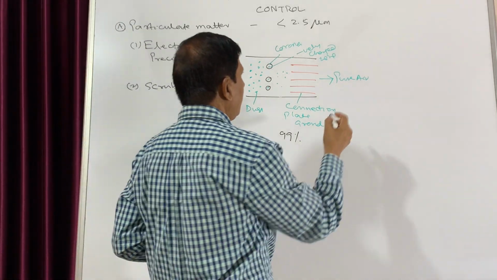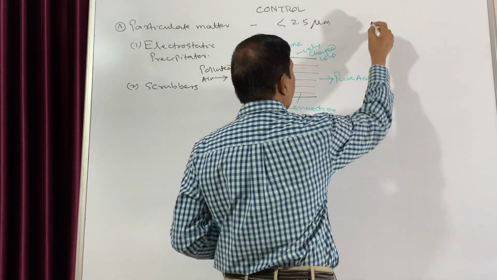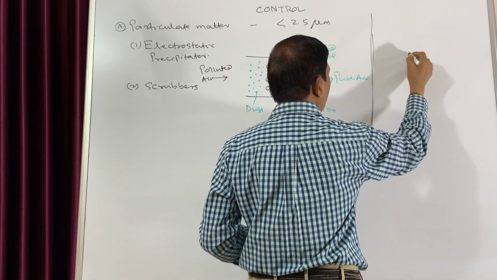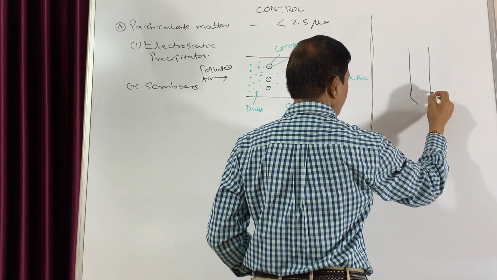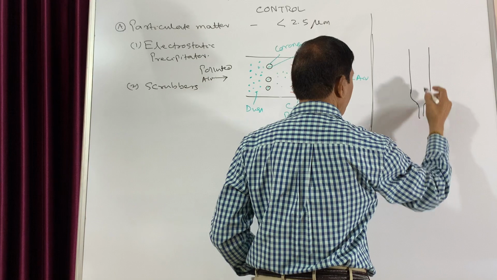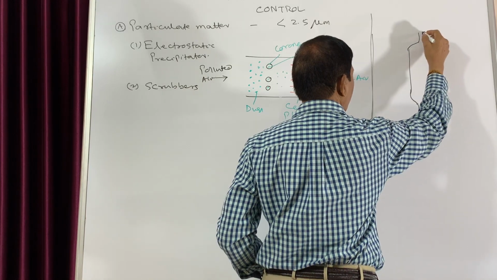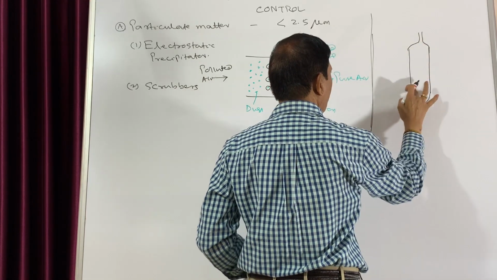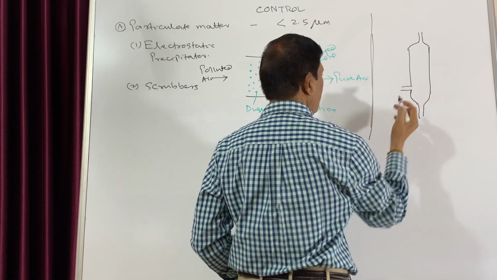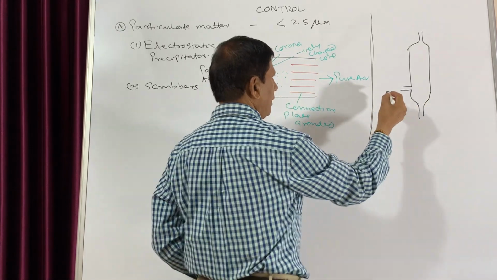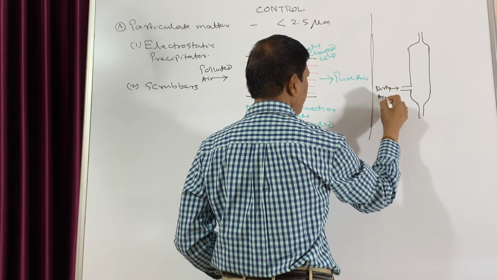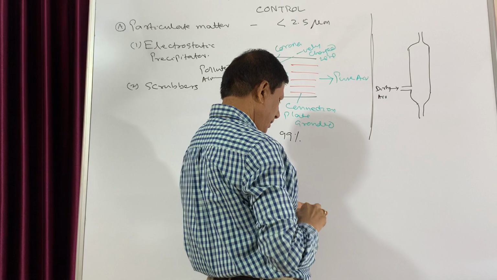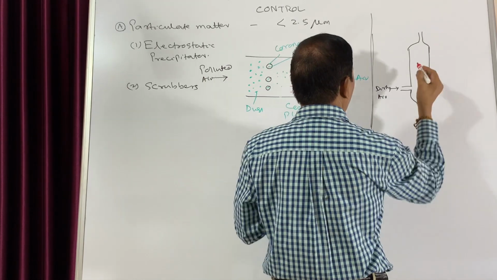Now the second method is the use of scrubbers. We can draw a scrubber like this. Here there is one inlet for dirty or polluted air, and here there is water or lime.